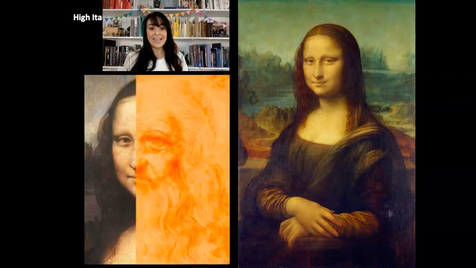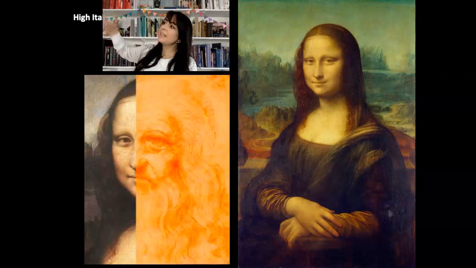But when he died, the King of France, Francis I, bought all of Leonardo's stuff from his assistants. He was like, I'll just buy his studio. I'll take all that stuff with him. And so Francis purchased the Mona Lisa. And then he had it hung up in one of his bathrooms. It was hung up in a bathroom for hundreds of years.